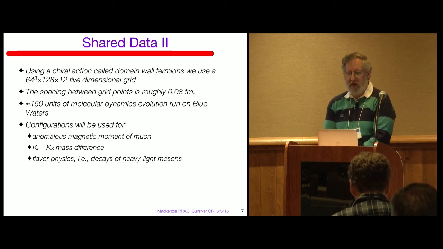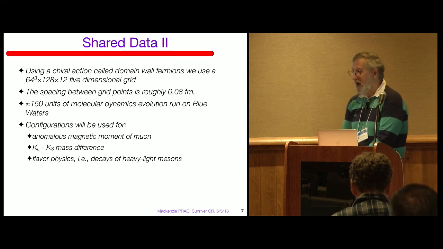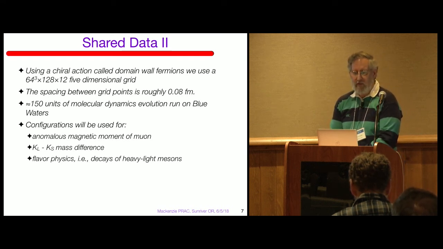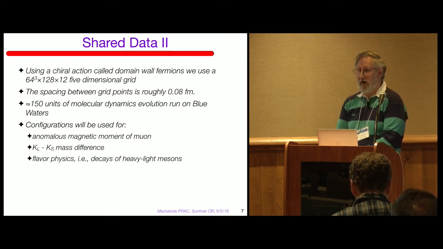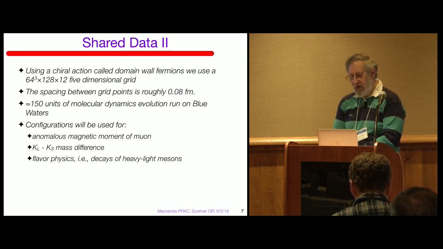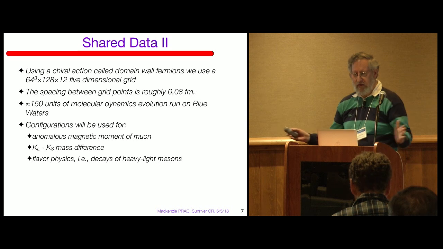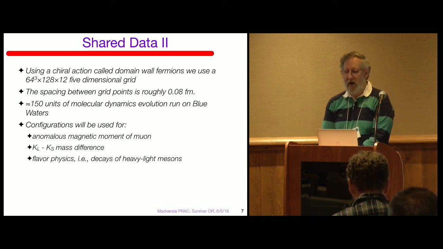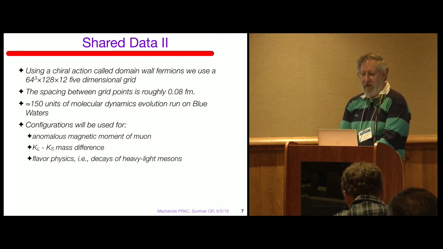With the chiral action that we use, those quarks, again, are called domain wall fermions. And they're a little bit even more interesting because they're on a 5-dimensional grid. There's an extra fake dimension that's the distance between the domain walls. And those are 64 cubed by 128 by 12. The lattice spacing is not as fine as the other calculation.